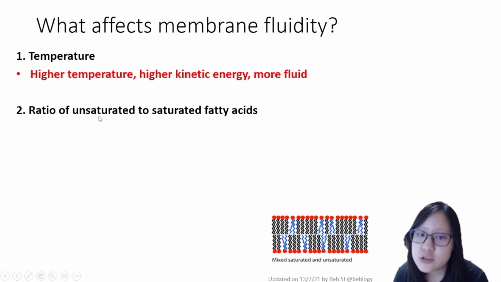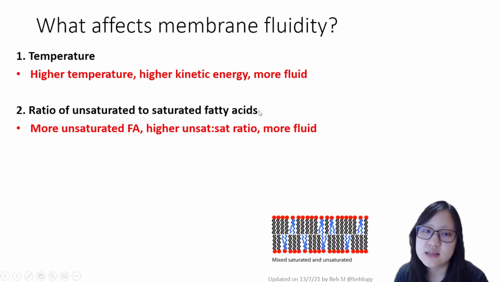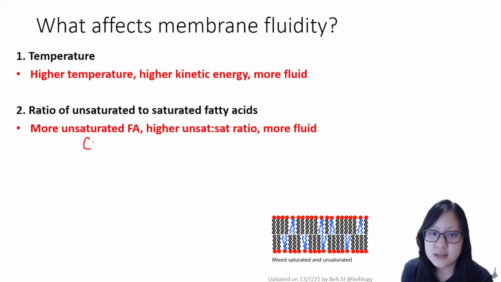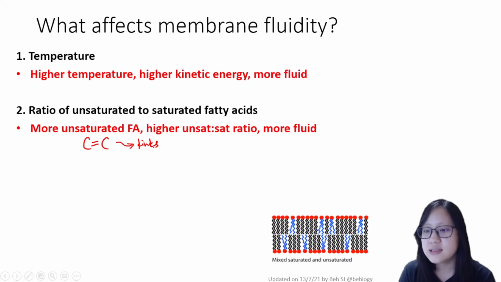Number two, ratio of unsaturated to saturated fatty acids. Now, as we have learned in chapter 2, unsaturated fatty acids have a carbon-carbon double bond, at least one or more. If there are more carbon double bonds, this causes kinks, bends in the fatty acid tails.